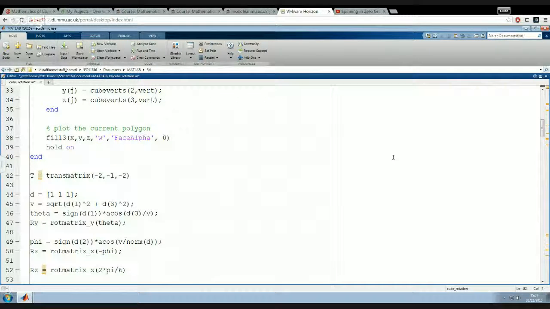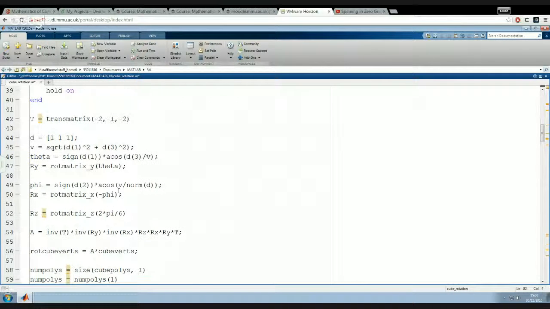So this command grabs the required angle for the yaw rotation, the rotation that moves the rotation axis so that it lies above the z plane. Remember, the cube is like this now after translation. The yaw rotation rotates it around so that it's exactly like that. The rotation axis that I want to rotate around is now pointing up this way, so it's lying directly above the z-axis.